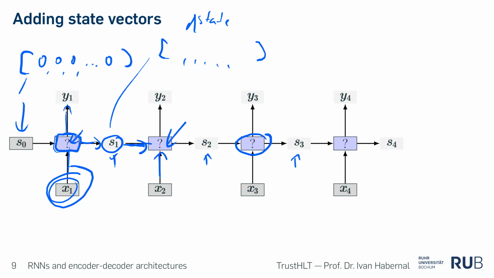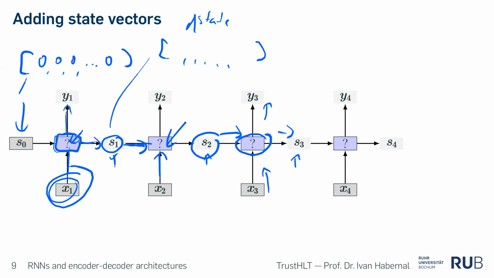It takes the vector of this token, right? And what else? I don't see any softmax here. It's not necessary here. And the previous state, exactly. Basically, what's in the arrows is the input for this thing. And this thing should output the y output and the next state.